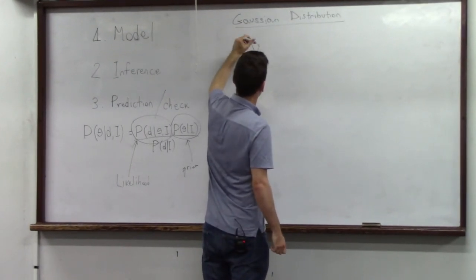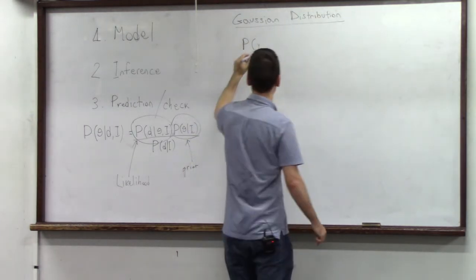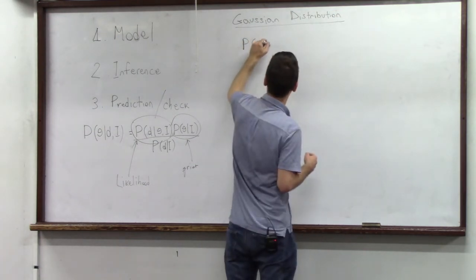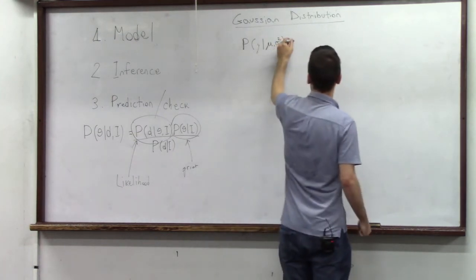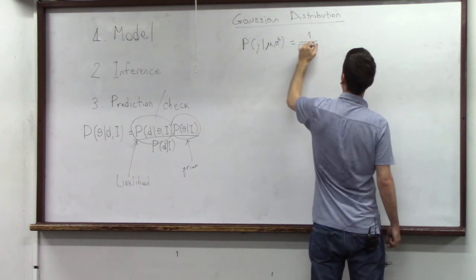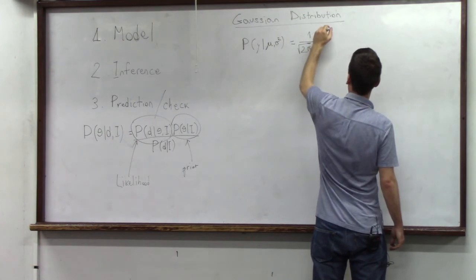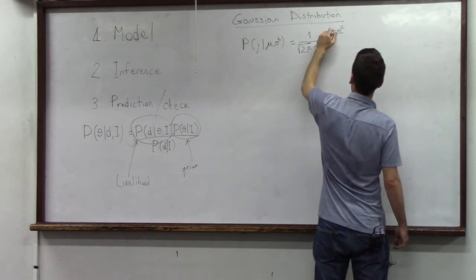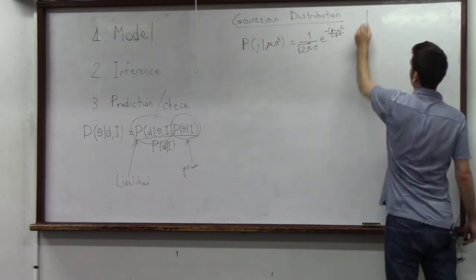If a quantity y is distributed as a Gaussian, it is described by two parameters, the mean and the variance, and this is the formula, and it looks like this.